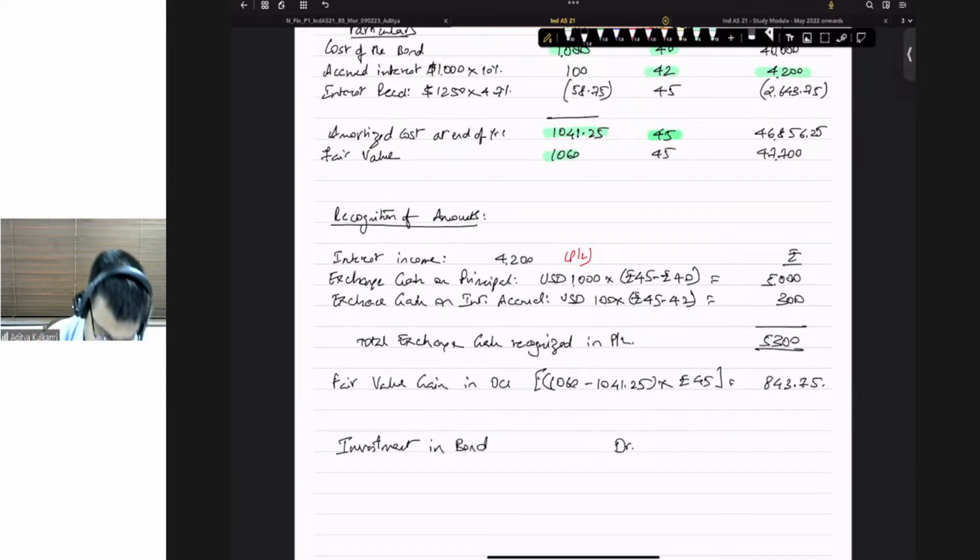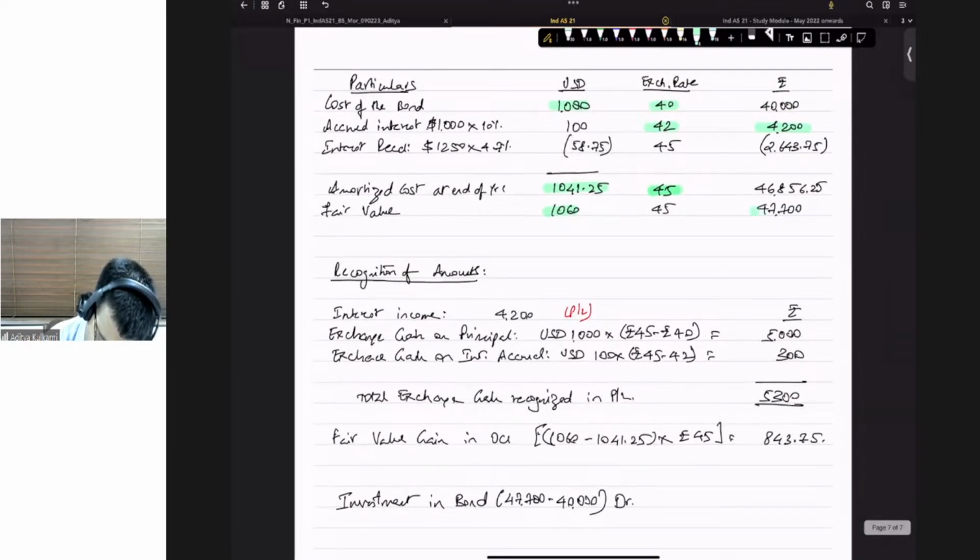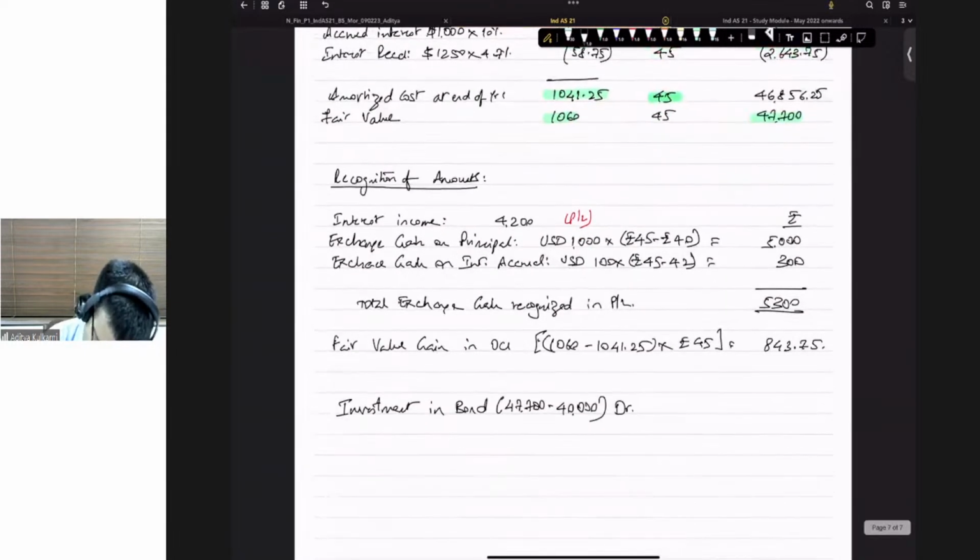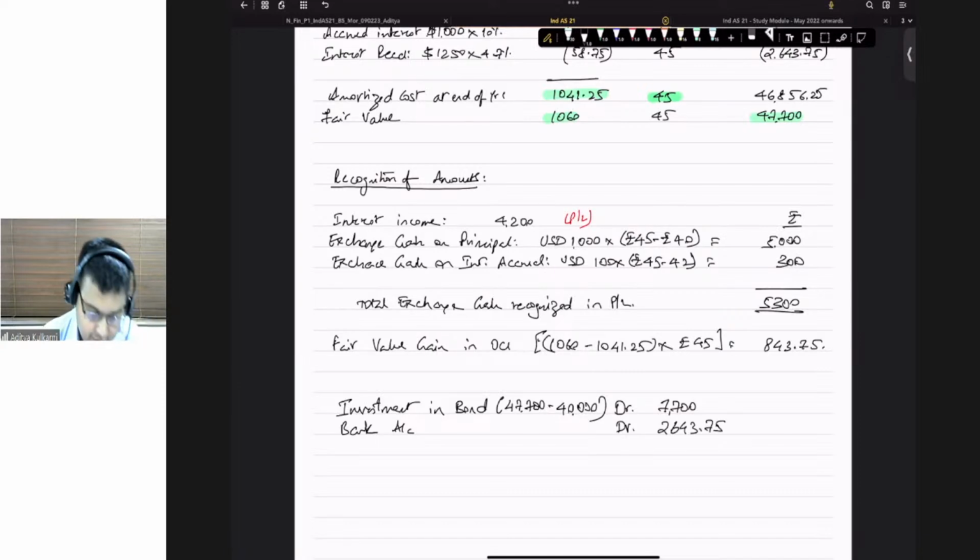Investment in bond debit: 47,700 minus 40,000, that is 7,700. Money is coming into your bank in the form of coupon, so that is 2,643.75. To interest income, that is how much? 4,200.